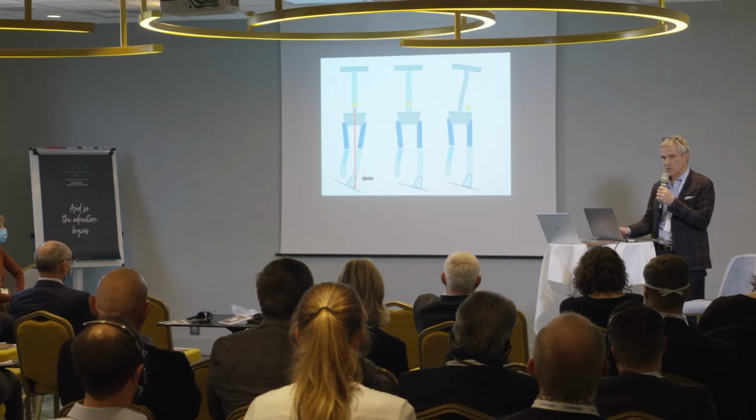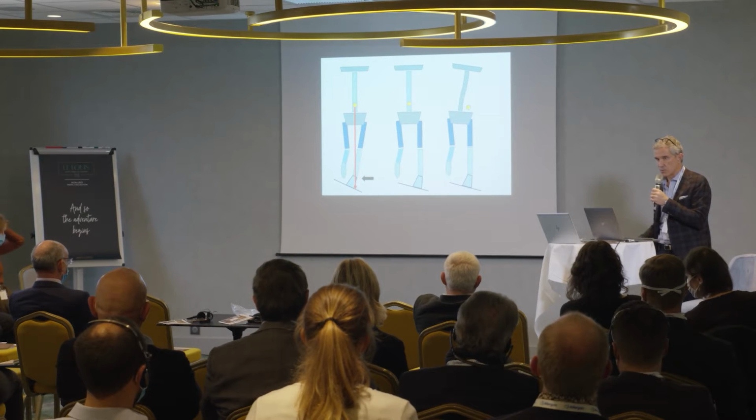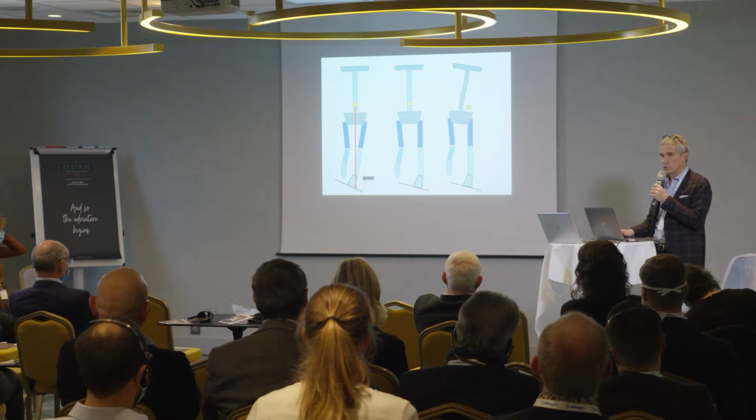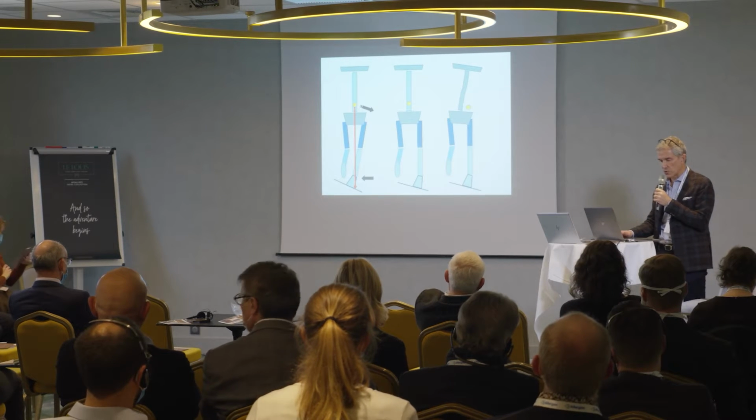What happens if we have the deformity of the foot? The foot is no more in valgus, but it becomes in varus. The center of pressure is outside the foot. So we move toward extension, toward the external position of the foot, to permit the good position of the center of pressure.